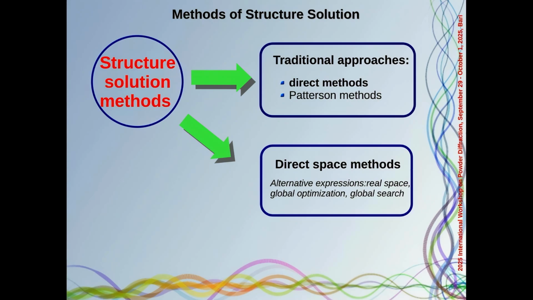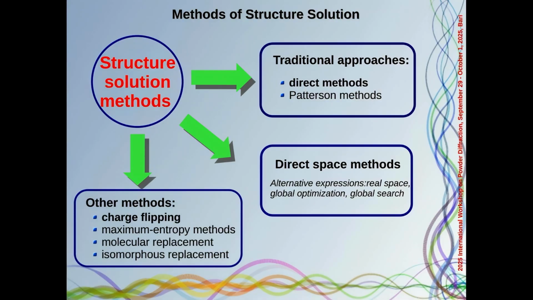That is an important requirement for structure solution by real space methods. I will cover direct methods and direct space methods in this presentation. There are other methods; probably the most popular is charge flipping. And what I say can be applied to X-ray, neutron and also electron diffraction.